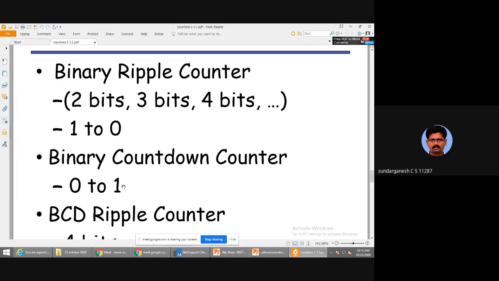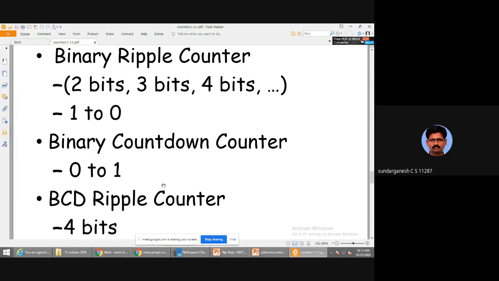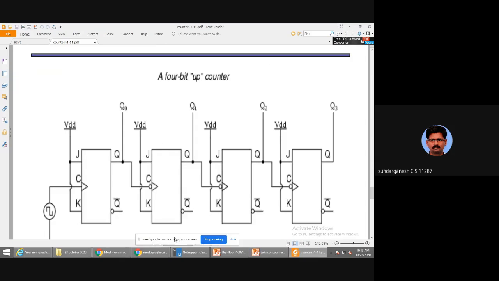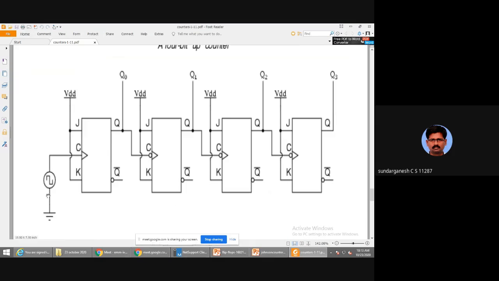A binary counter, BCD counter means it will count from 0 to 9 and then start again from 0. This is a 4-bit ripple counter. The output is taken from each flip-flop.